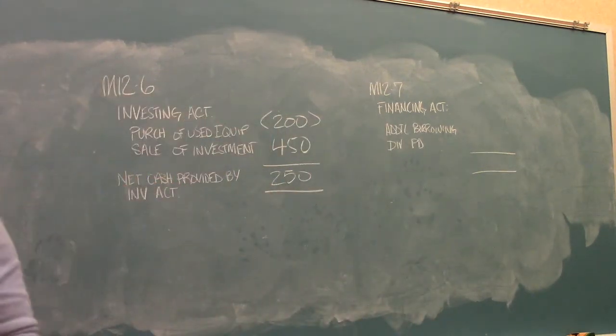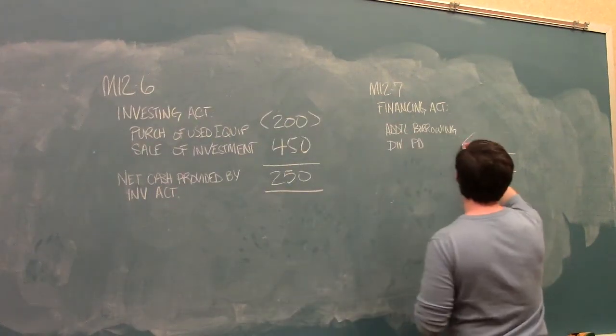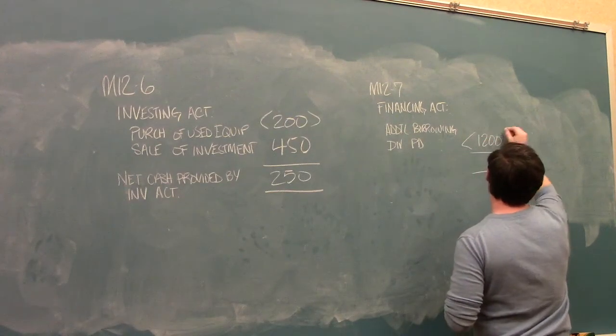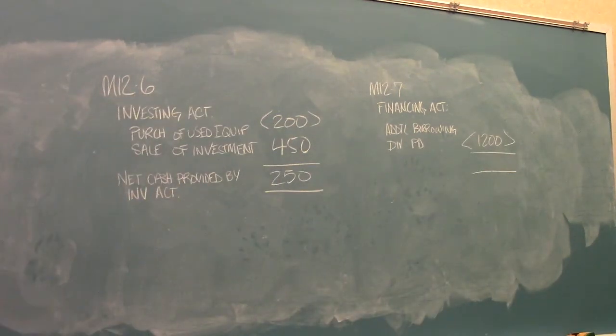All right, looking at the financing activities data. First, it says purchase of investments. Purchase of investments would be erroneous information. Why? That would obviously be investing activities. Dividends paid. Dividends paid is pertinent information. This is a financing activity. Dividends paid will be an outflow of cash, so we'll put this here at $1,200 outflow. Keep going down the list. Interest paid, like we mentioned a moment ago, would be an operating activity, so that is erroneous information.